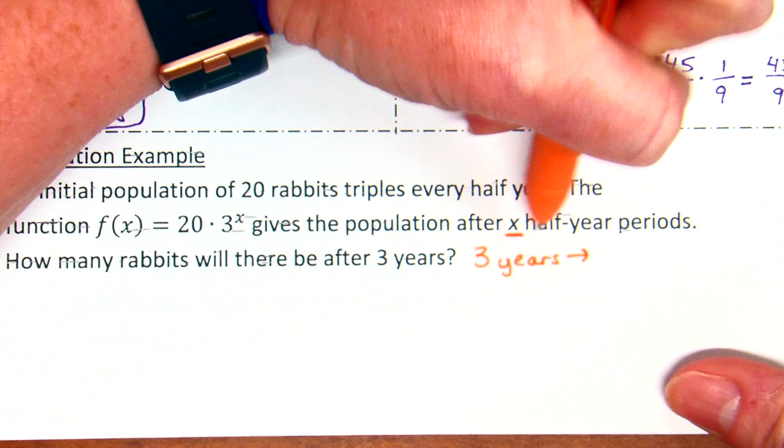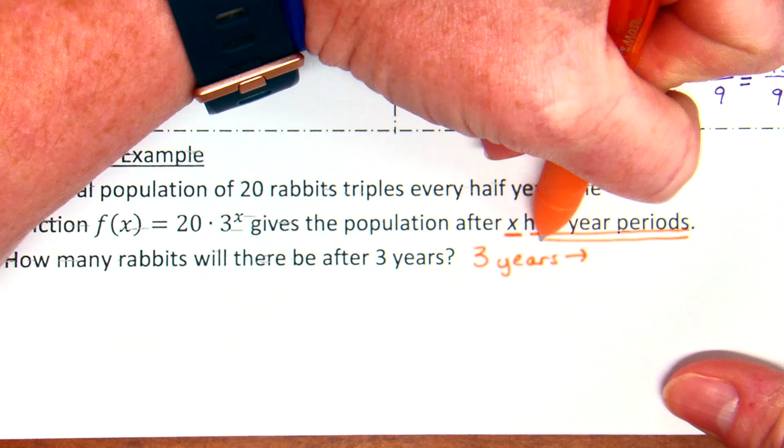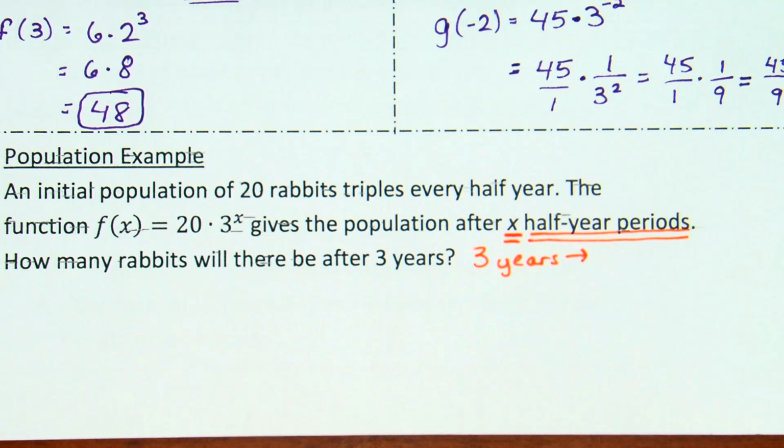Or to underline, I guess, is what I meant. But x is half-year periods, right? So x is half a year. 2 x's is then a whole year, right? So if we're talking 3 years, how many half-year periods is that? 6, right? Because every 2 halves.